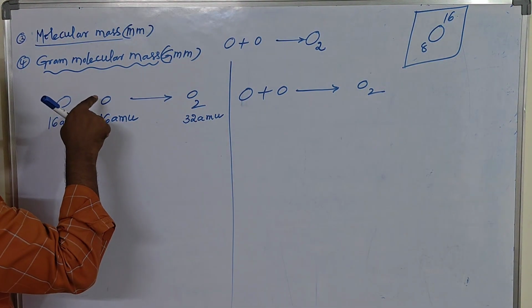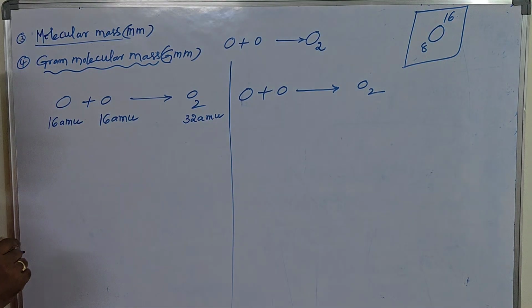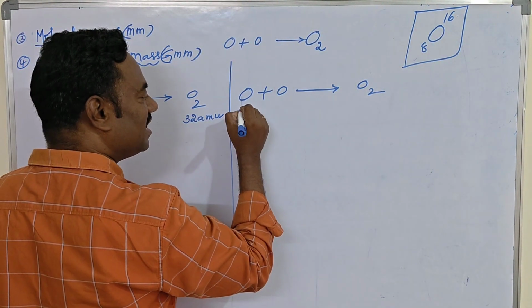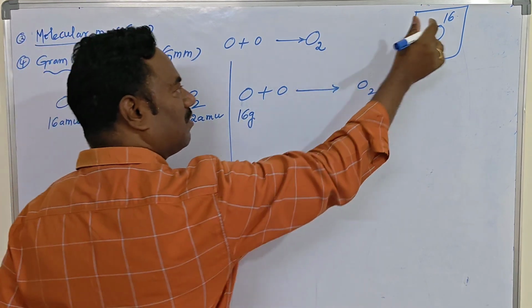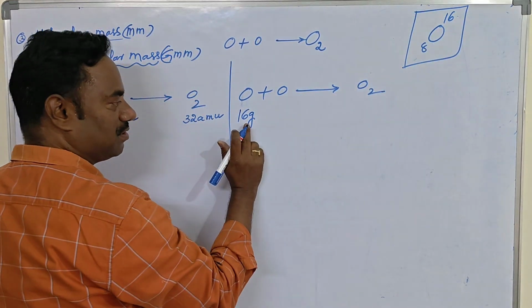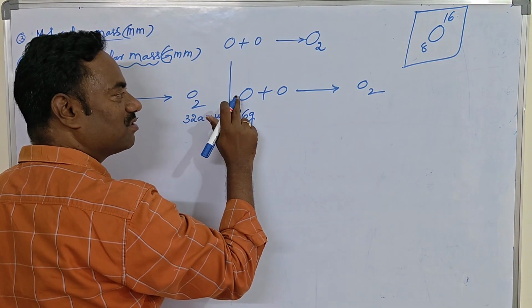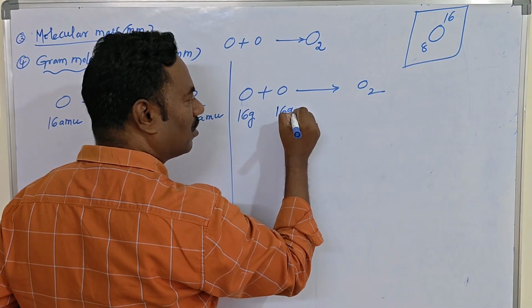1 oxygen mass 16 AMU. But here I want to take 16 grams, the mass of oxygen in grams. 16 grams contains Avogadro number of oxygen atoms. Here also Avogadro number of oxygen atoms.